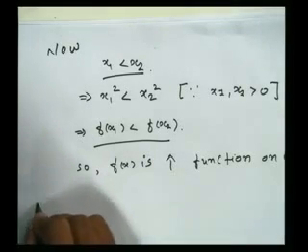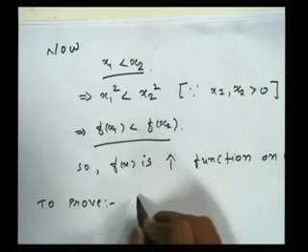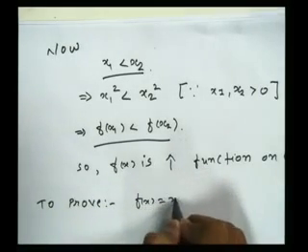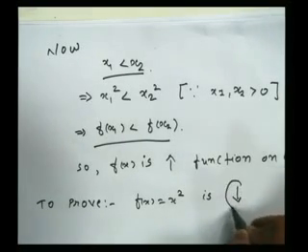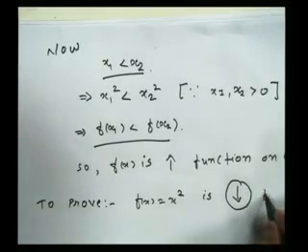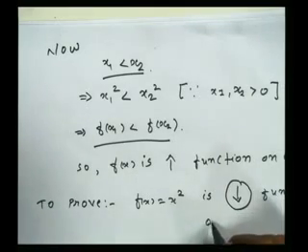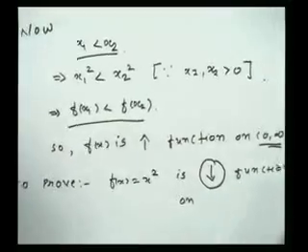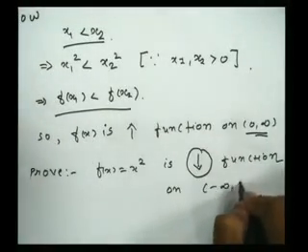Okay, now we will prove that f of x is equal to x square is decreasing function. We will use this symbol for decreasing function on minus infinite to 0.